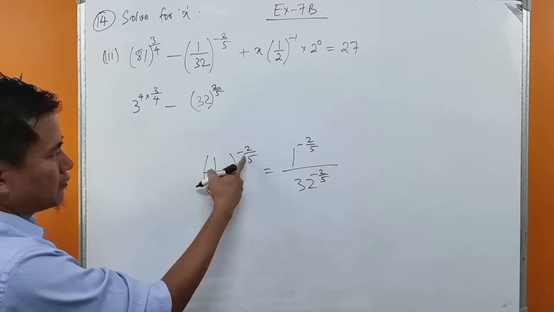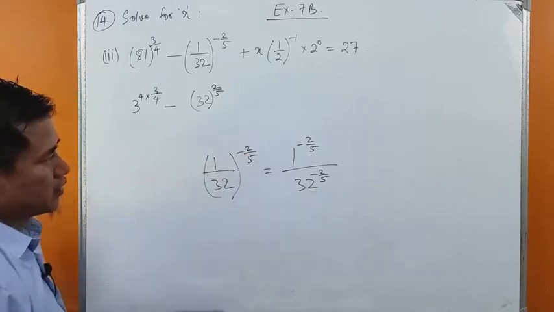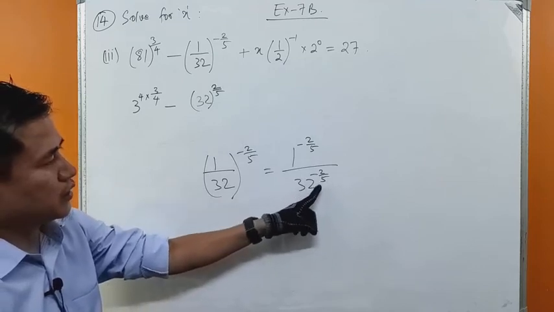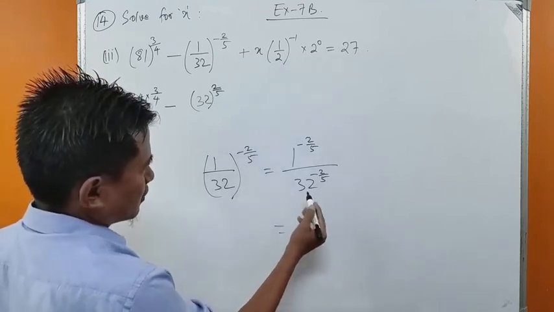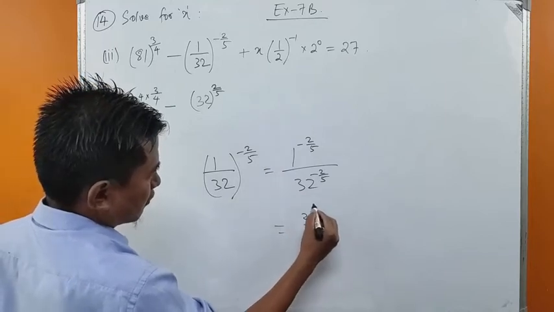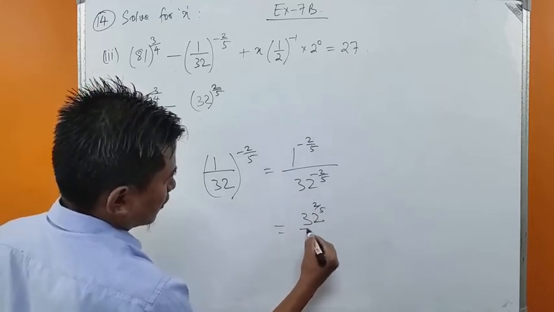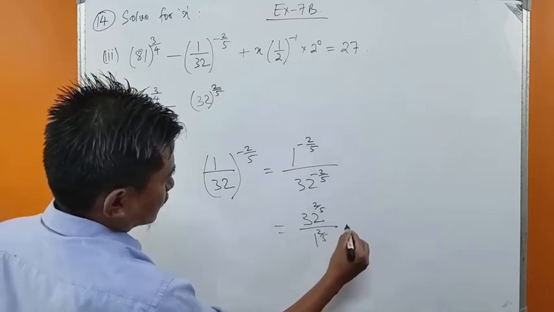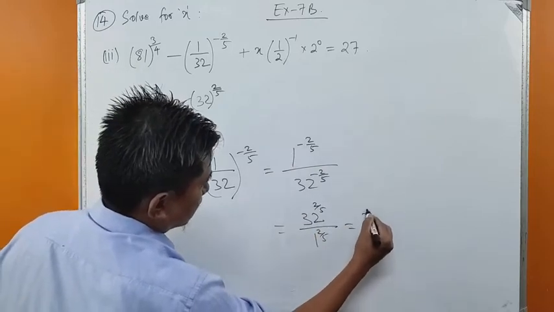This power minus 2 upon 5 is for both the numbers, so I write 1 to the power minus 2 upon 5 and 32 to the power minus 2 upon 5. This means I bring this 32 to the numerator: 32 to the power 2 upon 5 upon 1 to the power 2 upon 5.